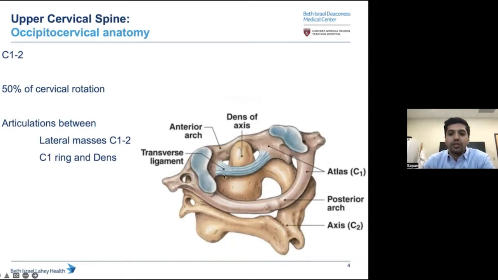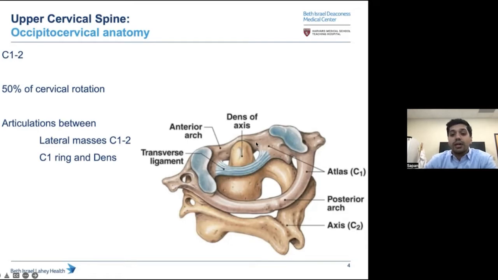If you look here, C2 also has some unique anatomy, which we'll get to in a minute, but the dens or the odontoid process protrudes up, like a mountain of bone that articulates right with C1. And you can see this ligament, and we'll talk about the ligaments in this area as well in a second.